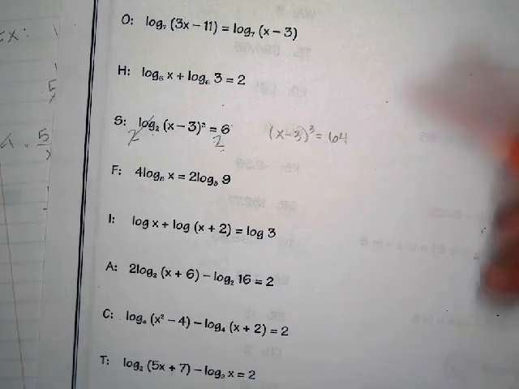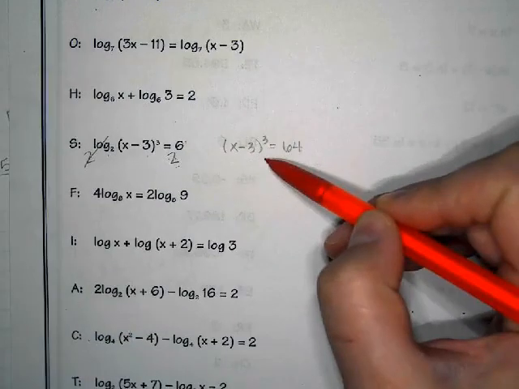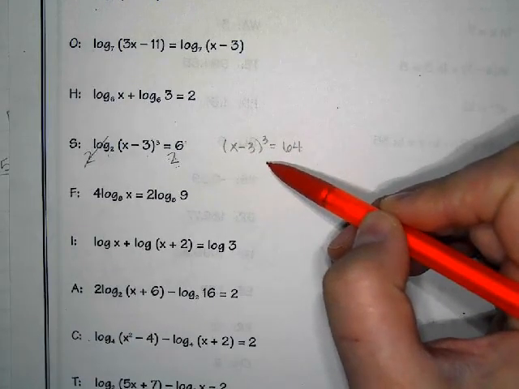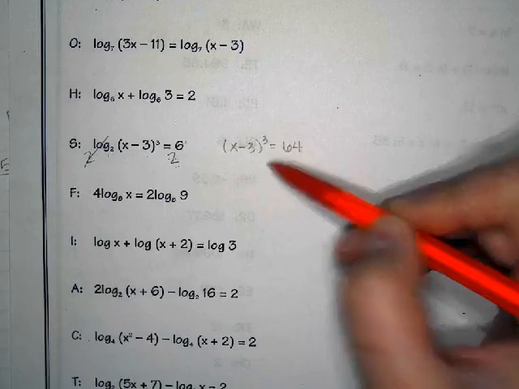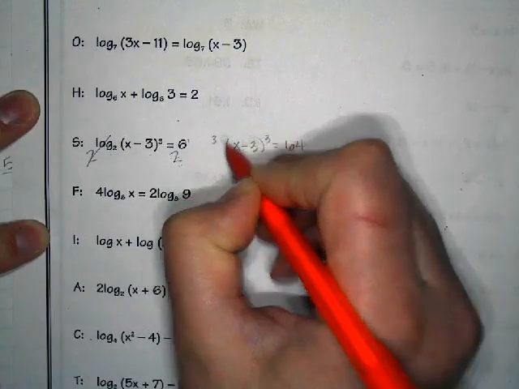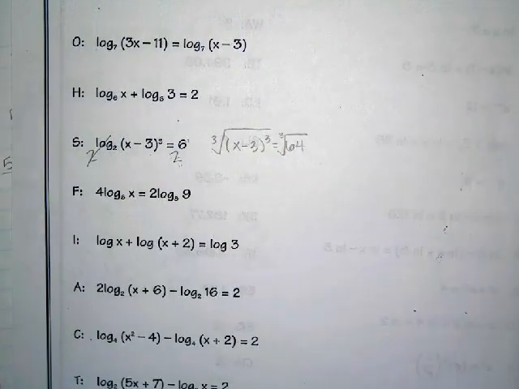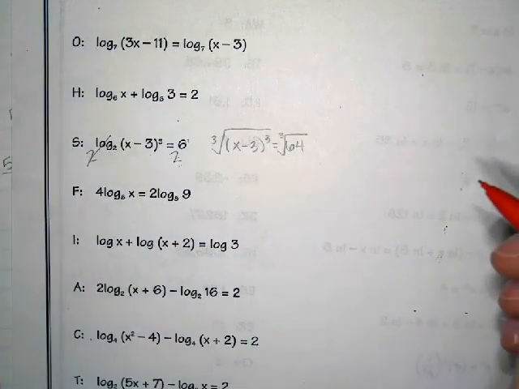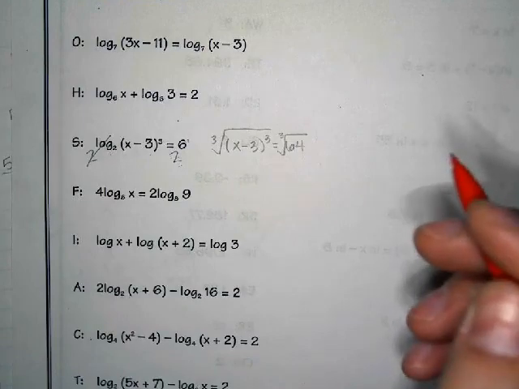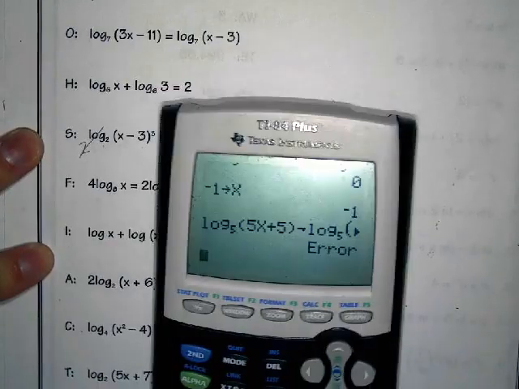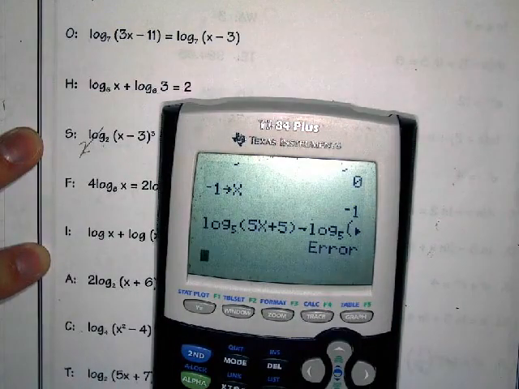And then what would we do to keep going to solve this? Cube root, yeah. So third root. Anyone know what the third root of 64 is? 4, yeah. If you don't remember, on your calculator, to get the third root, you just hit the math button, and it's option 4.